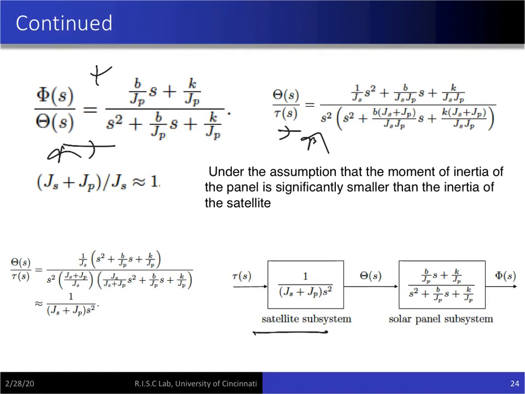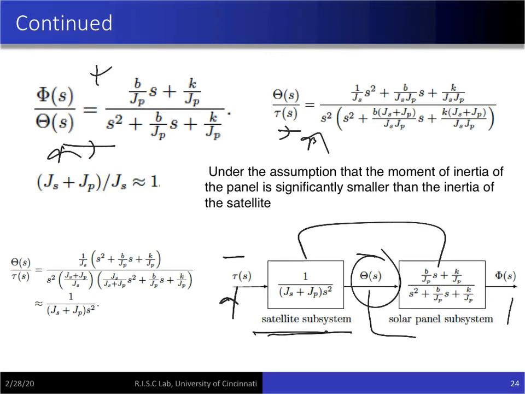It's like a satellite subsystem where I give the torque, I get theta s, and theta s is an input to this. So when you give a torque, theta s changes. But because of the spring coefficients, the solar panel also has some moments, right? So the solar panel is not moving directly because of the torque, but because theta was changing. That's why the solar panel moves. Okay? So basically, the combined transfer function from this to this is a multiplication of these two things.